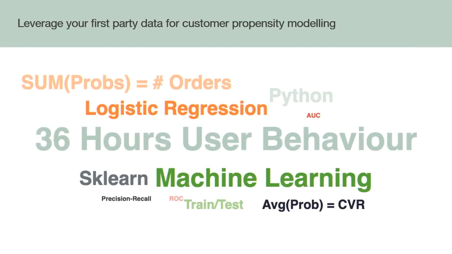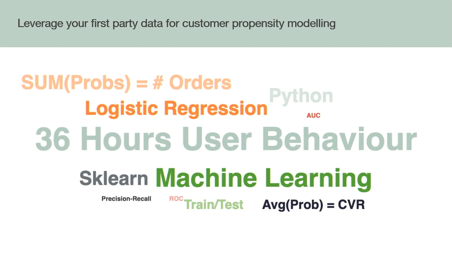So now let me go into a bit more detail on our customer propensity modeling. This is a section that actually allows me to use a lot of buzzwords like machine learning, AI, Python, whatever it may be. Those are actually applicable to our use case. We do use machine learning, we do use a logistic regression model.